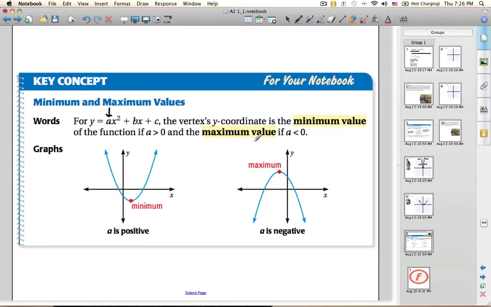And the vertex is the maximum value if a is less than 0, meaning a negative number. So the important item is, if a is negative, my parabola opens down and my vertex is the maximum value. If a is positive, my parabola opens up and the vertex is the minimum value.